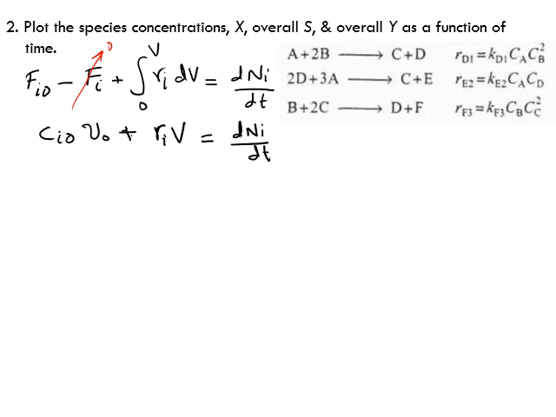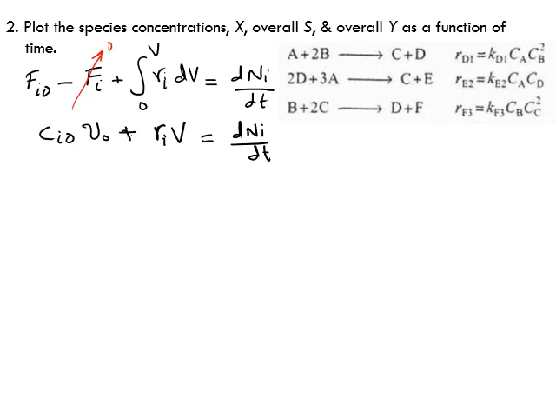Let's now write equations for how many species? We need to plot all the species concentrations, so we have to write design equations for all the species. We have A, B, C, D, E, and F, so 6 species, and we need to write 6 of these equations.